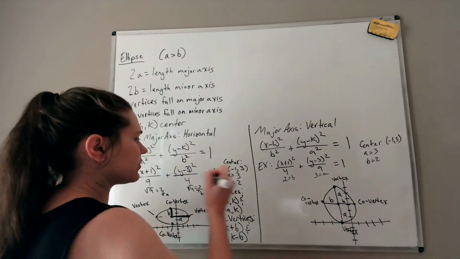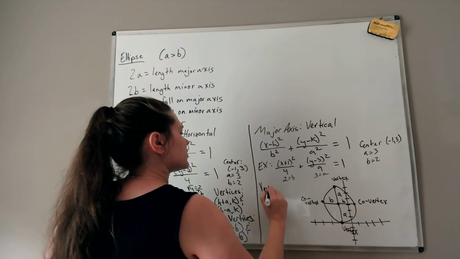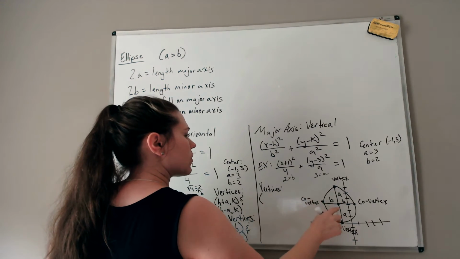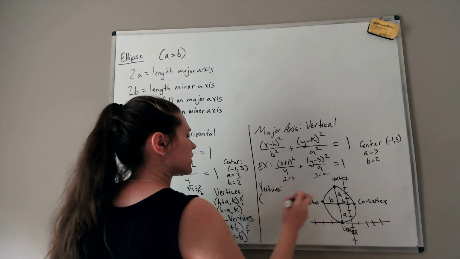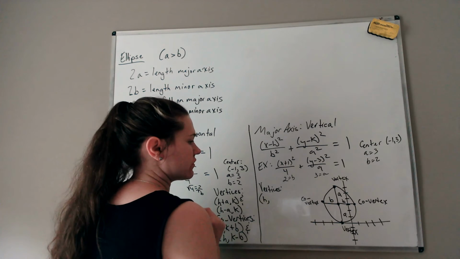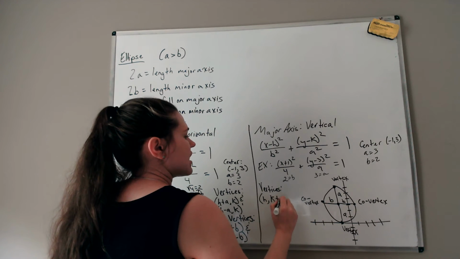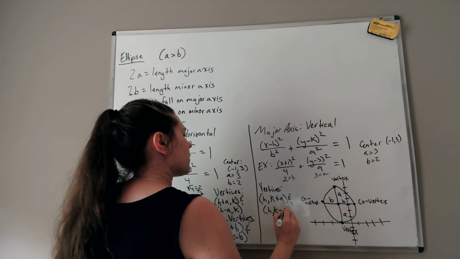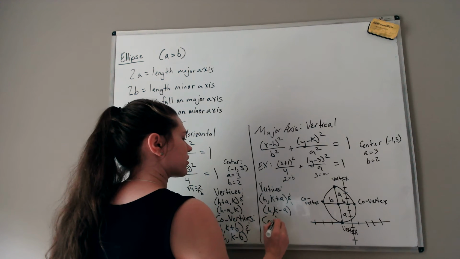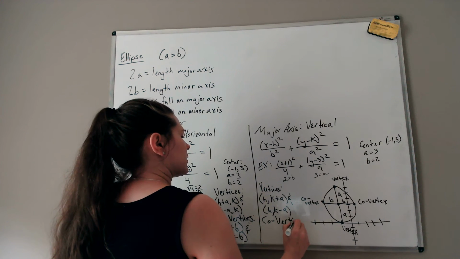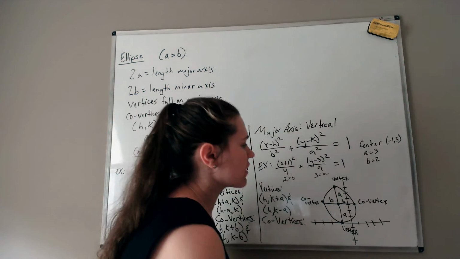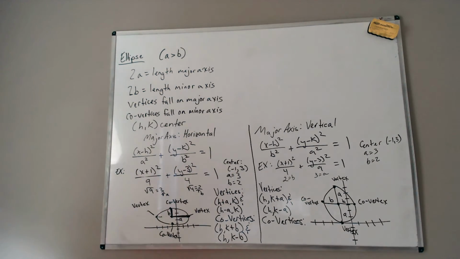And here, it's very similar. Your vertices, though, are lying up and down. So the x-coordinate stays the same, h from the center, and you add A to k, and for the other vertex, you take away A from k. The covertices fall on the minor axis, and the minor axis here is the horizontal axis.